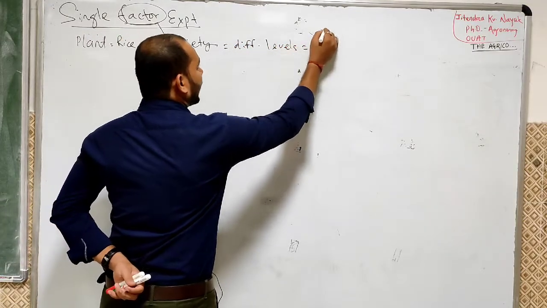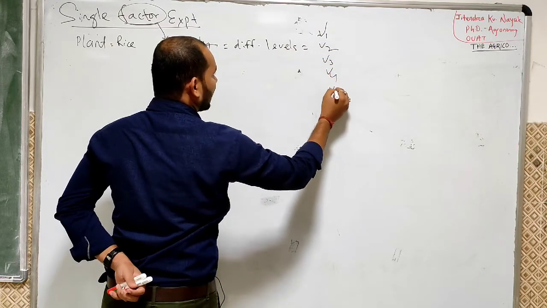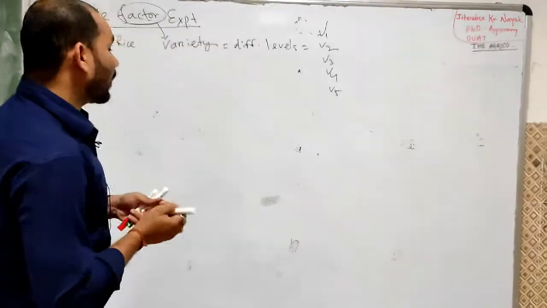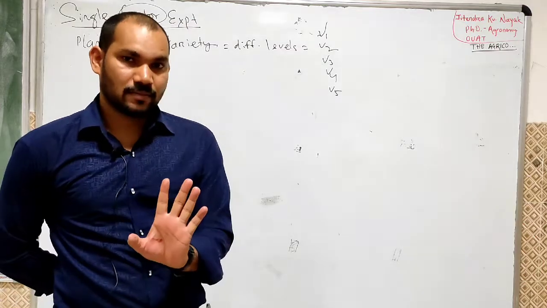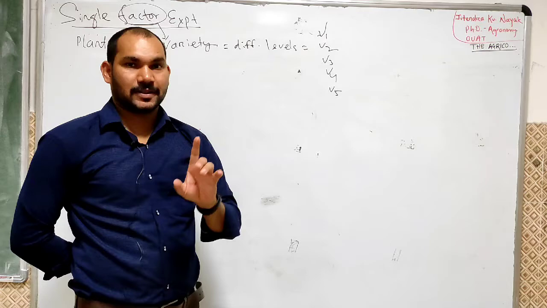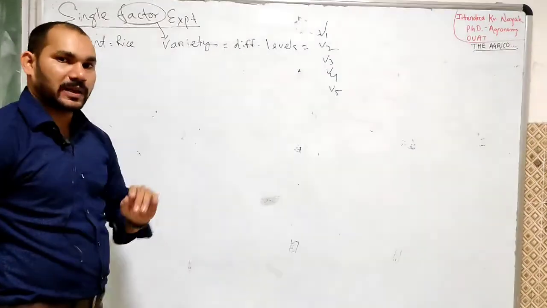Different levels means variety 1, variety 2, variety 3, variety 4, variety 5. That means I want to study the different varieties of rice. I have 5 varieties. So this is known as the single factor experiment.